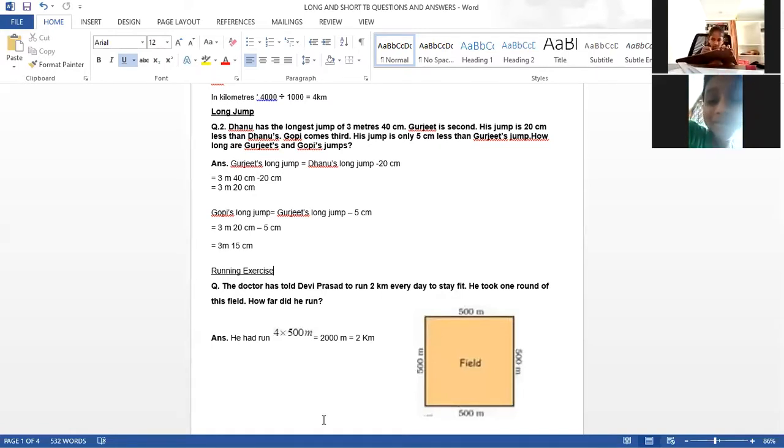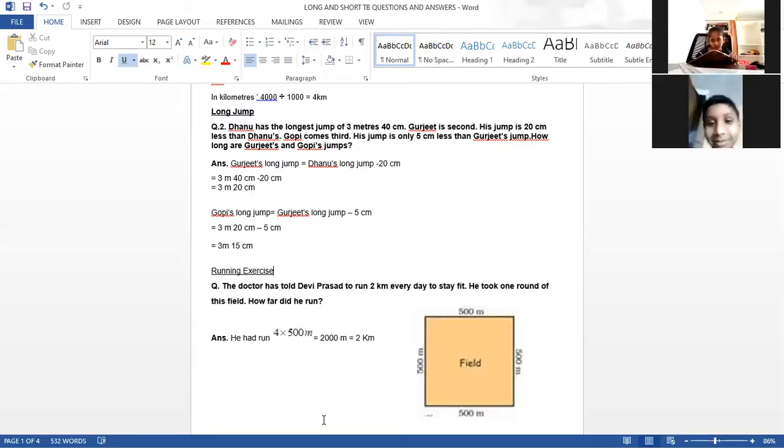We know very well 1 kilometer is 1000 meters. So 2000 meters will be 2 kilometers. So the total distance he covered in one round of the ground is 2 kilometers.